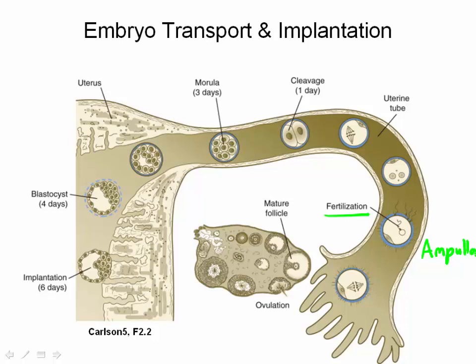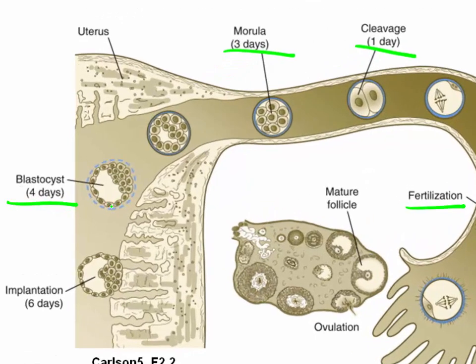The transporting zygote undergoes cleavage, becomes a morula, and then develops into a blastocyst, all within about 4 days post-fertilization. Once the blastocyst is within the uterine cavity, it frees itself from the zona pellucida, as evidenced by these faded dashed blue lines, so that it can begin to embed itself into the uterine wall.